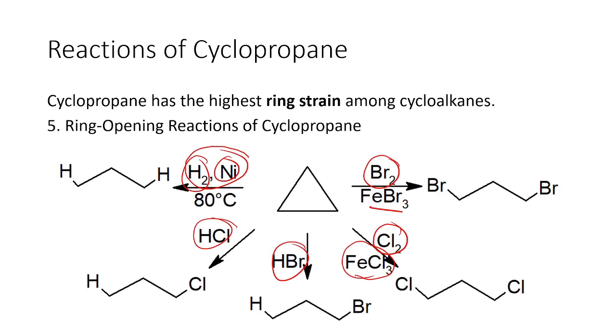So by ring opening, ang ibig lang sabihin niyan, bumubukas yung ring. So, paano ba bumubukas yung ring? Pakita lang natin kung bakit bumubukas yung ring. Bakit hindi na lang nag-a-add dun sa hydrogen or nagkakaroon ng substitution dun sa hydrogen?